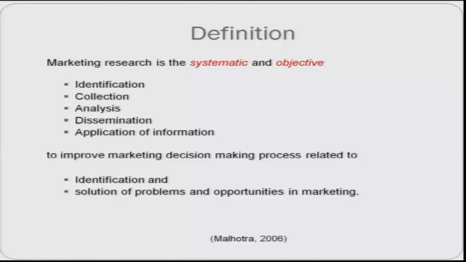That information is applied for achieving the desirable objectives of that marketing research project, basically to improve the marketing decision making process related to identification and solution of problems and opportunities in marketing.